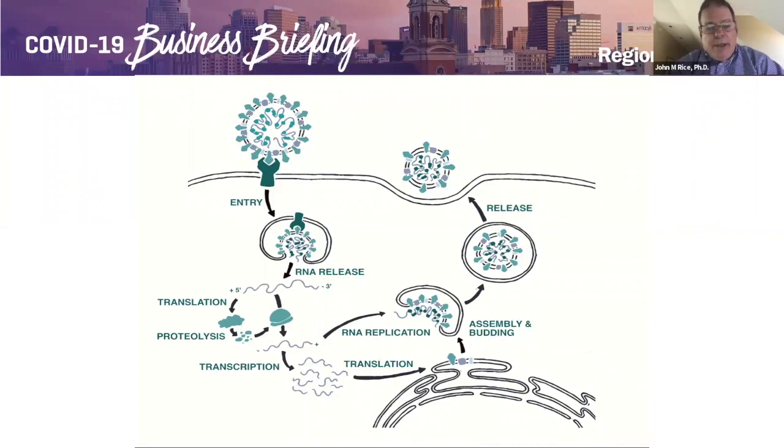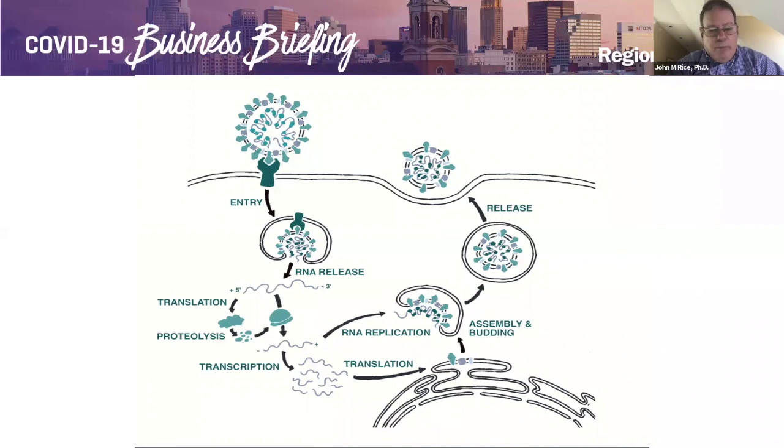So it's basically pulled into the cell in a membrane, and the contents of the virus are released. The RNA is released, and that RNA instructs the cell so that the virus comes in and takes over the replication and protein manufacturing machinery of the cell and turns the cell into a virus-making factory.